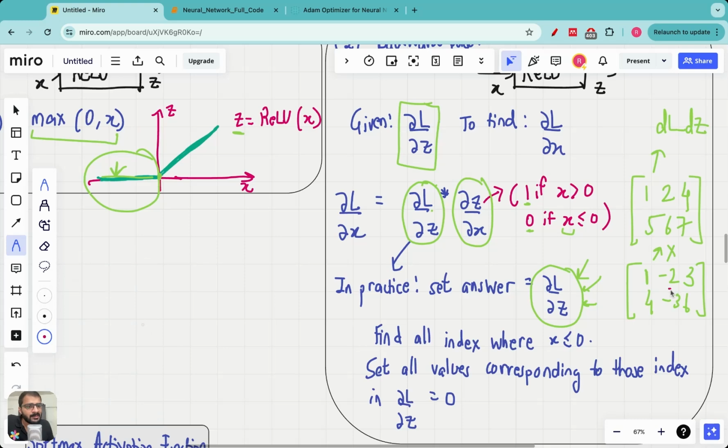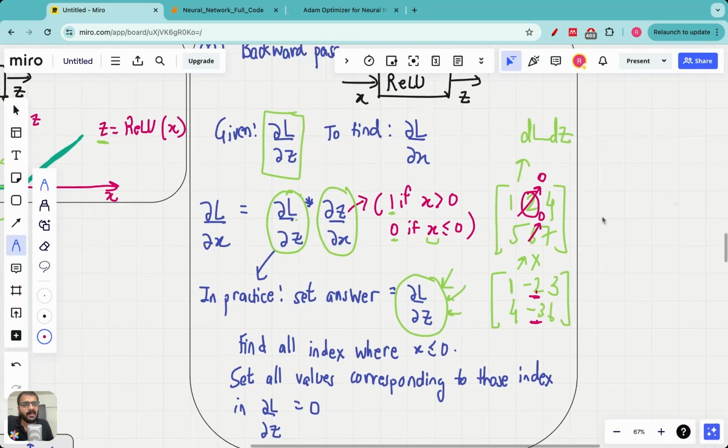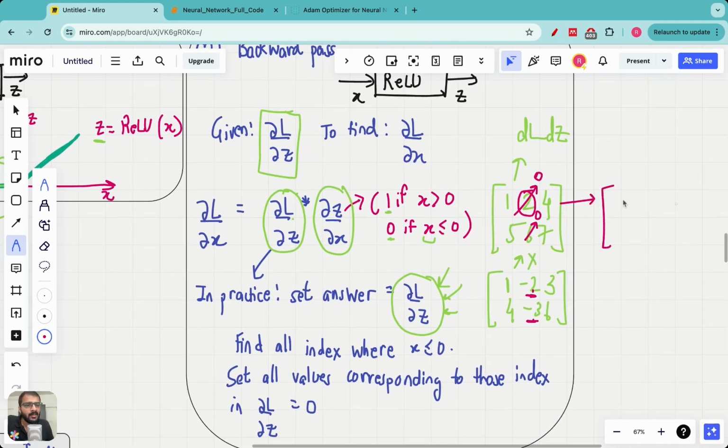So here x is less than or equal to 0, and here x is less than or equal to 0. So the indexes are first row second column and second row second column. I'll find these indexes and I'll set them equal to 0. So then my final answer would be 1 0 4 and 5 0 7.